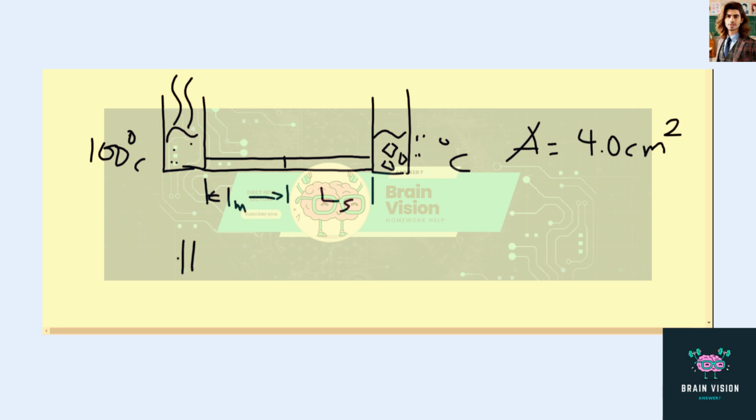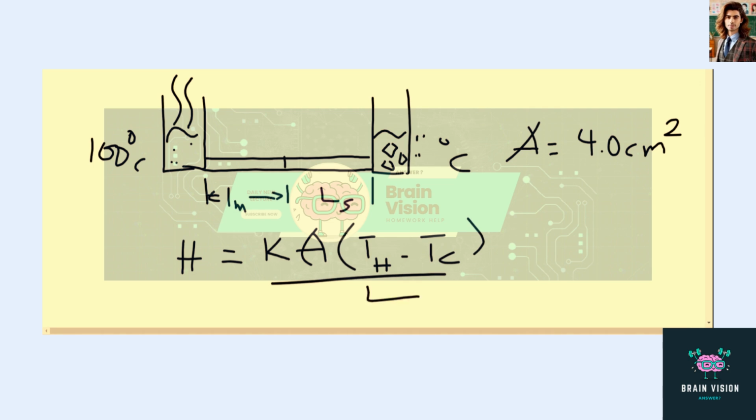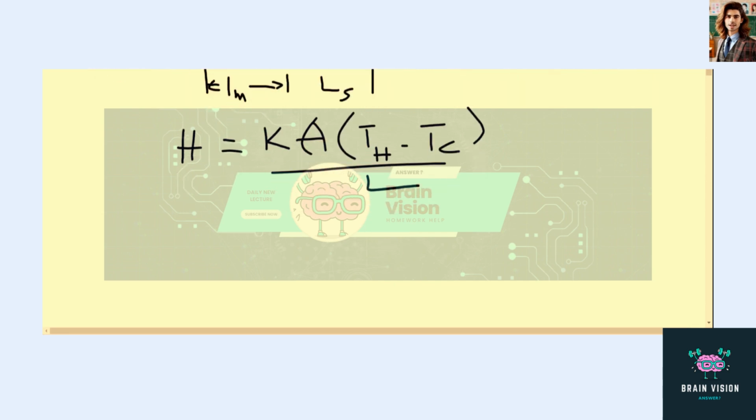We know that our heat current equation is given as K times area times bracket TH minus TC, divided by the length. But in this situation, we don't know the length of the steel. However, let's see how best we can go about it.